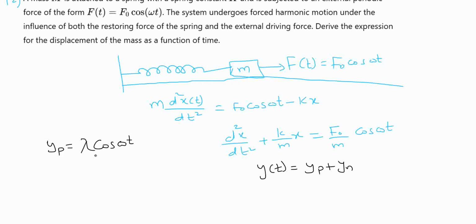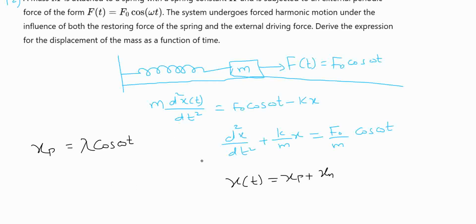Now we can calculate this by substituting. I'm sorry, it's x of t, which is equal to xp plus xn. So xp will be in this form, and we substitute xp in the differential equation.